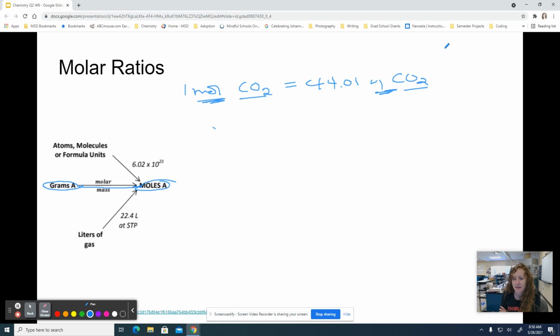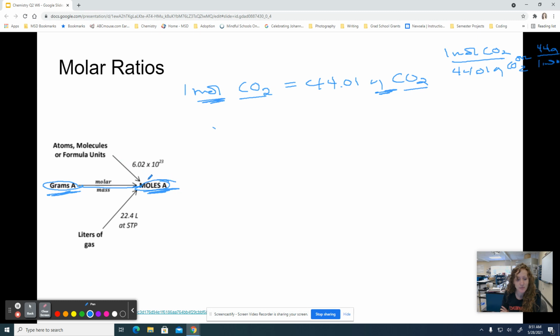And I would write that as a fraction. 1 mole of carbon dioxide over 44.01 grams of carbon dioxide, or the opposite, 44 grams of carbon dioxide over 1 mole of carbon dioxide. But the point is, they both have to do with carbon dioxide, right?